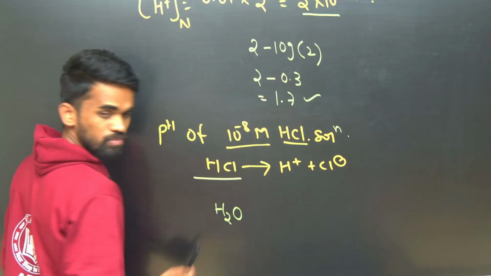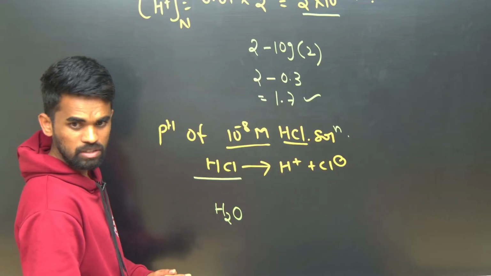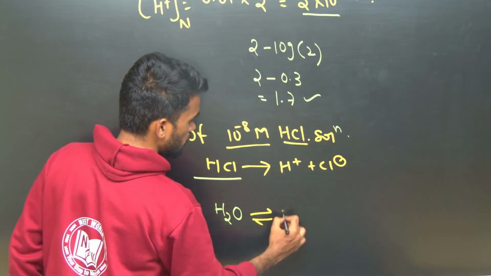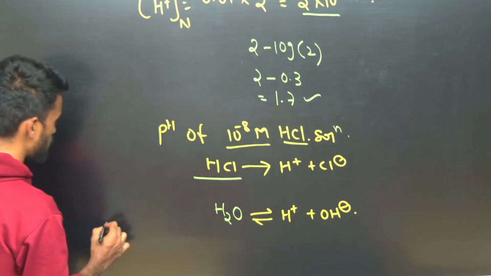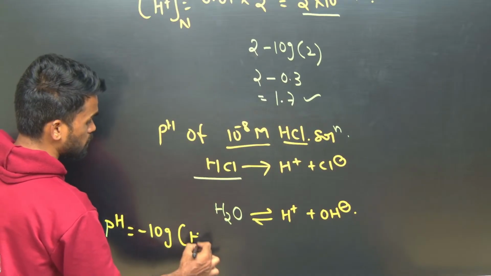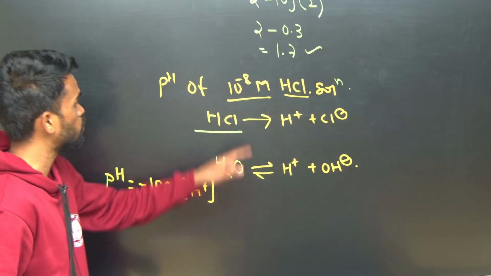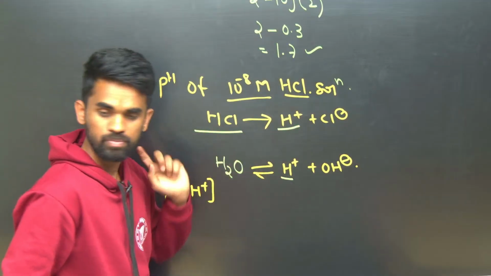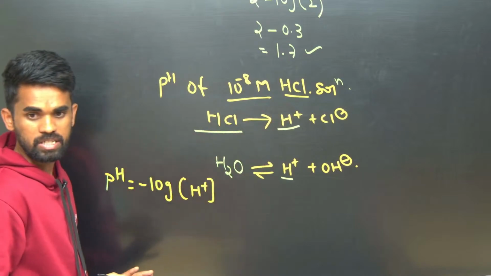Water also dissociates; it is a weak electrolyte and gives H plus and OH minus. Now what I am asking is pH, which means minus log of the concentration of H plus ion. The H plus ions are now coming both from the acid as well as from water, so you need to take the total H plus ion concentration here.